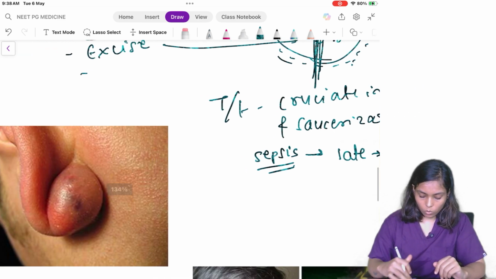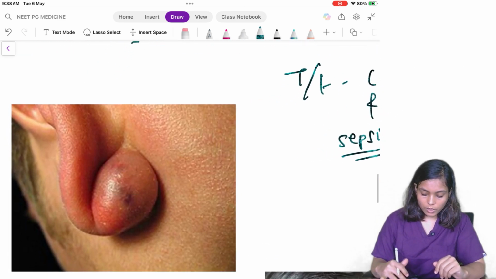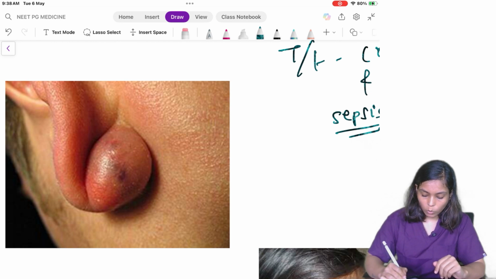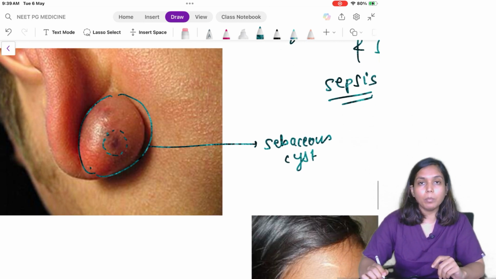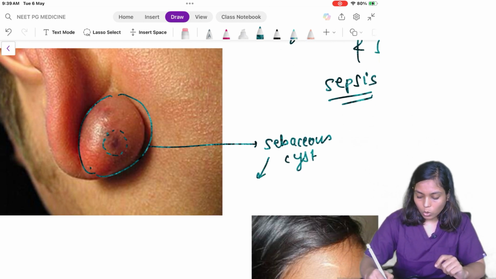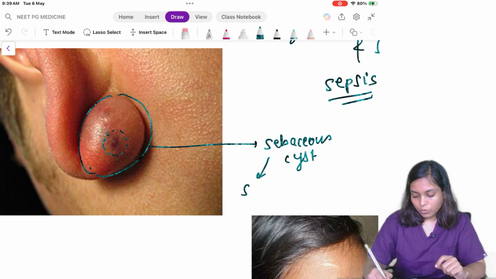Okay, now we will see some differentials. So this is the spot diagnosis. What is this? I can see a punctum over here, and this is a swelling. So this is a sebaceous cyst. What is a sebaceous cyst? It is an epidermal cyst which contains the secretion from sebaceous glands.